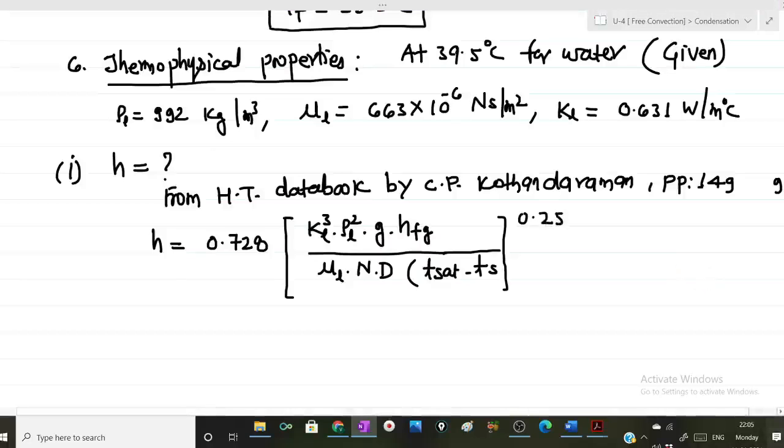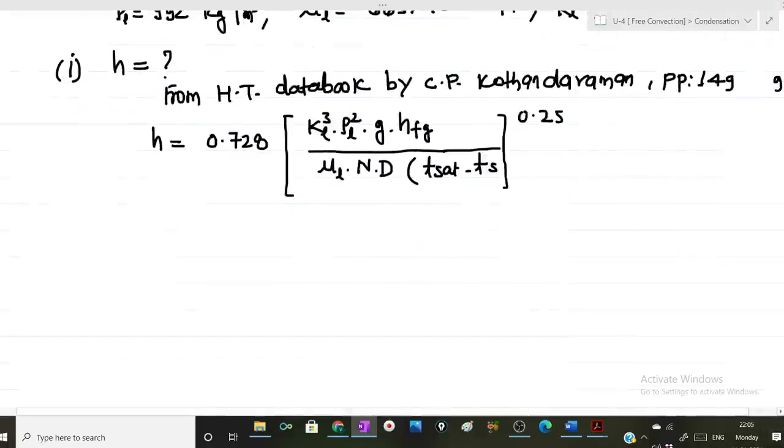Let us put all the values, and this formula is for bank of N tubes.